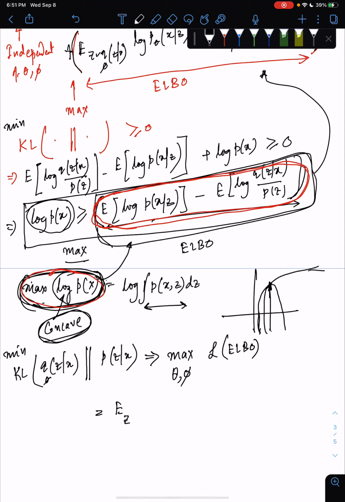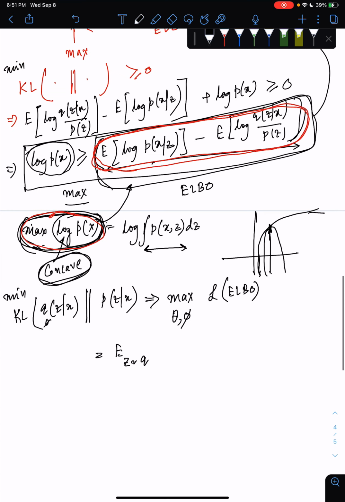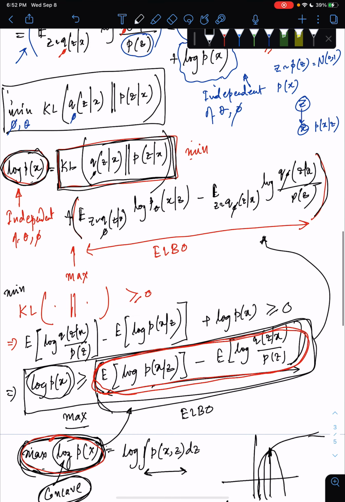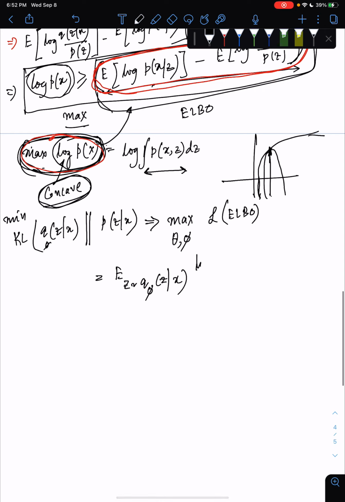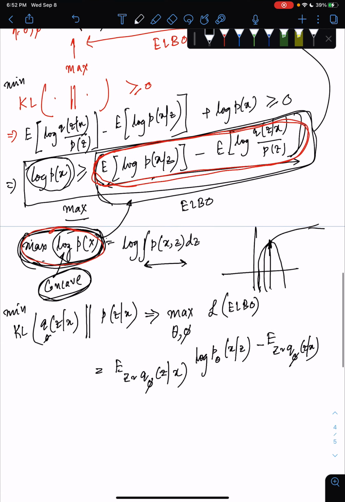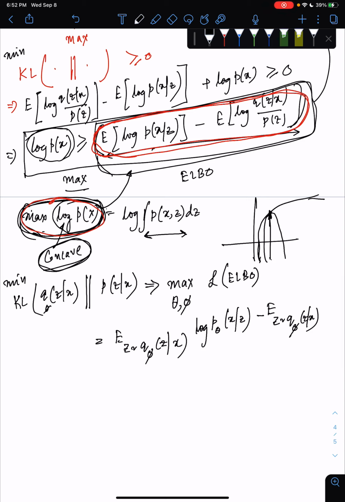This is an expectation where z will be sampled from q of z given x, of log p theta of x given z, minus another expectation, again with z sampled from q of z given x, of log of q of z given x over p of z.